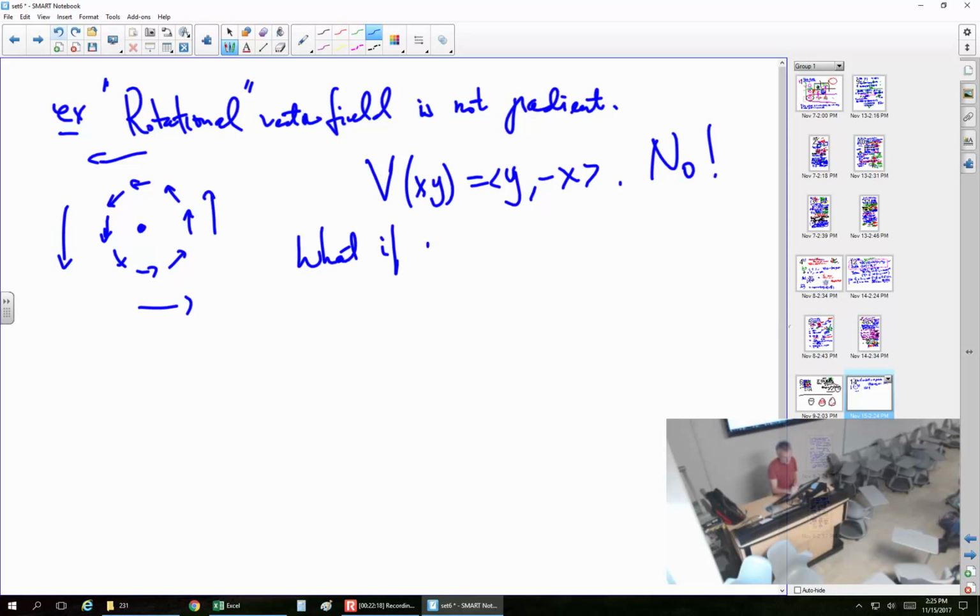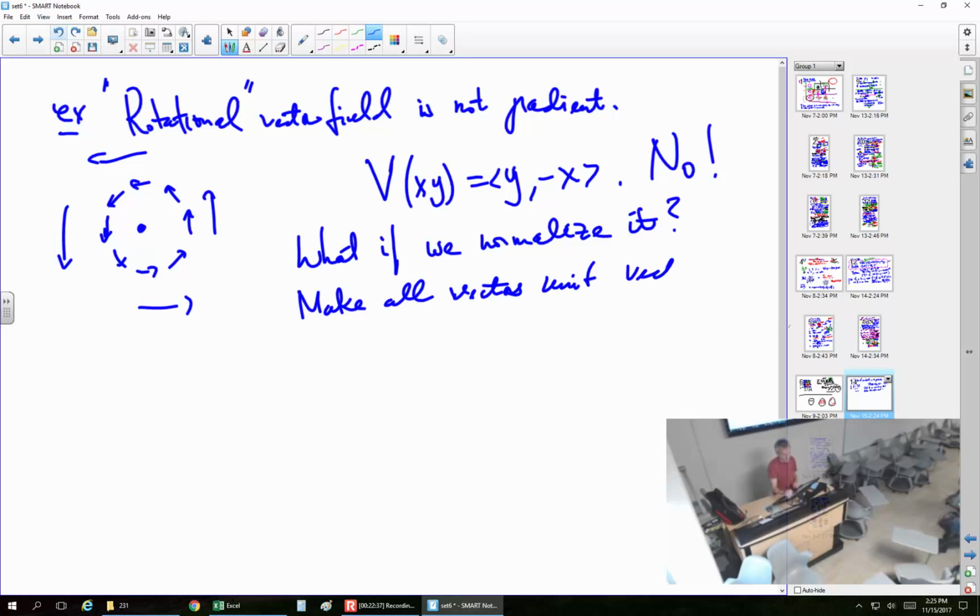What if we normalize it? Normalize means that we make all vectors unit vectors, but not changing the directions. So what's going to happen is that, suppose these are length 1, so I'll keep these, but this will become shorter.